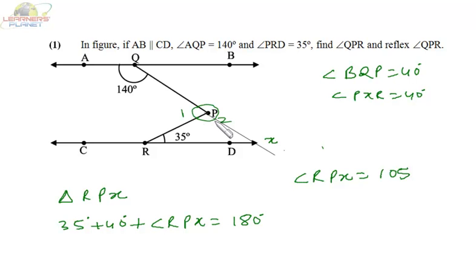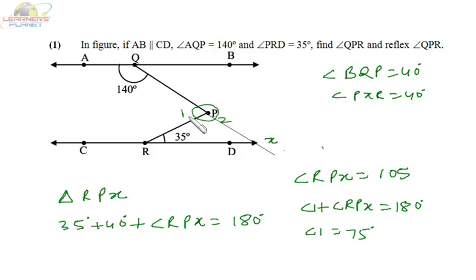Now angle RPX plus angle 1 will be 180, since they form a linear pair. So angle 1 plus RPX is 180, and RPX is 105. That means angle 1 is 75 degrees. Now we can calculate the value of QPR.